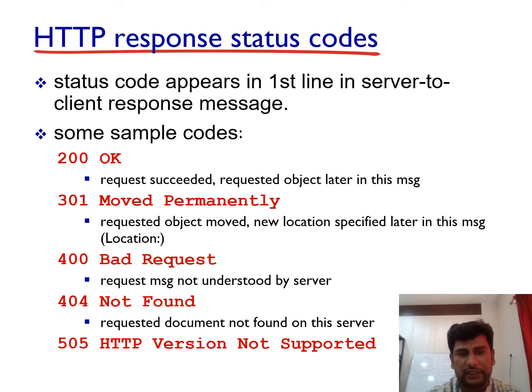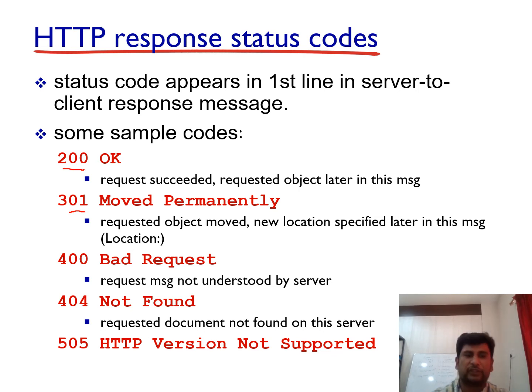As we have already seen in the previous slide, if our status code is 200, the message it means is everything is okay, the request made by the client is accepted and succeeded, and the object was then transmitted. But if the status code is 301, it means that the object you are mentioning has been permanently moved from that particular location.